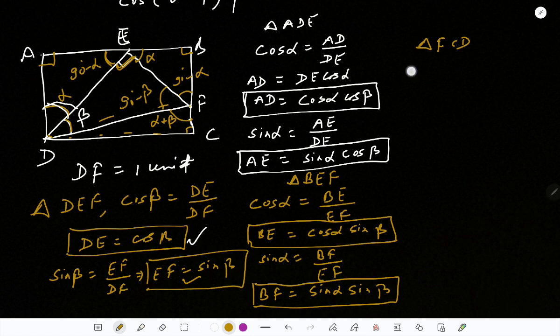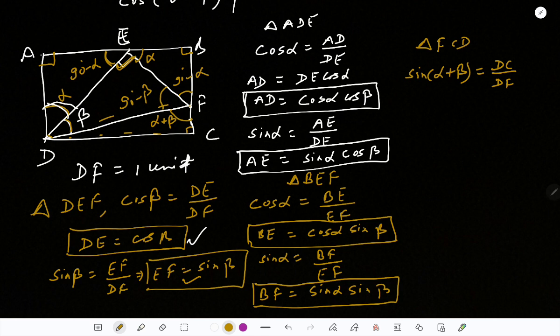So try to find sin alpha plus beta first. Oh, we broke the rules. We should have tried cos alpha plus beta first. Okay, sin alpha plus beta is also fine. So sin alpha plus beta is perpendicular by hypotenuse, that is DC upon DF.